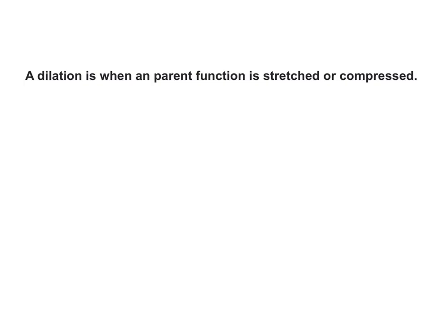That's the same idea with dilations. You're just pulling a horizontal or vertical side to change the shape and size of the parent function. Now, I'm going to give you a couple rules. Certain numbers you look for will tell you that it's going to be stretched. If you have other numbers, it will compress it.